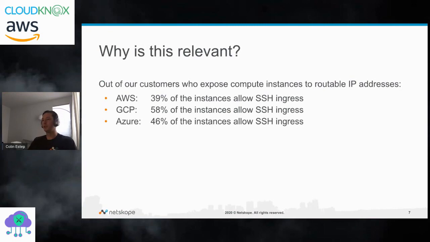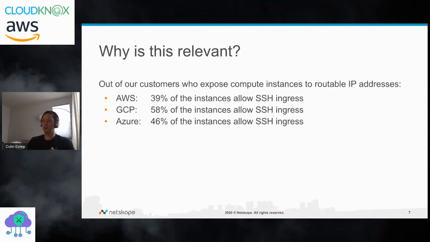So you may be wondering, okay, it sounds like there's alternatives. Maybe Bastion hosts are sort of an older thing. Why is this still relevant? Well, out of the customer base at Netskope, we looked at a lot of the customers who expose instances to routable IP addresses at all. And we found that almost half of the exposed instances actually allow SSH ingress.